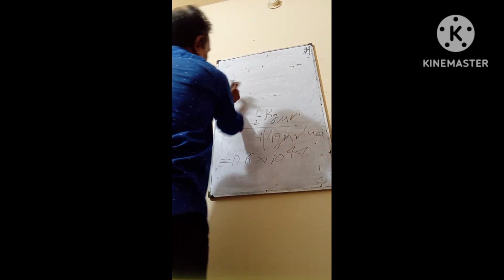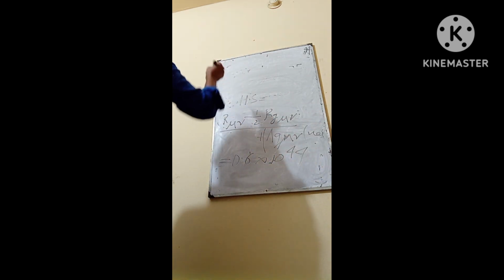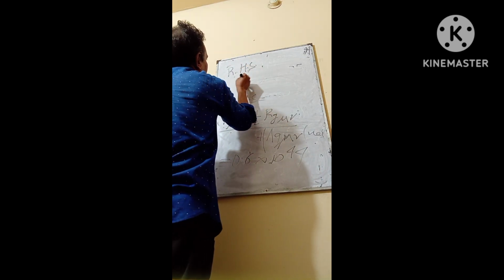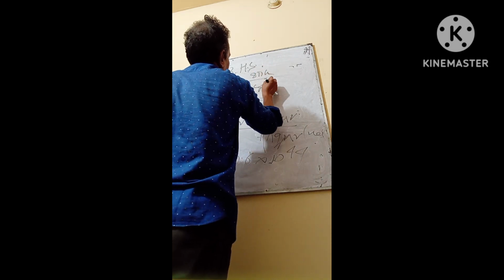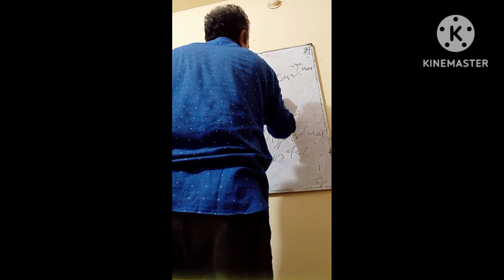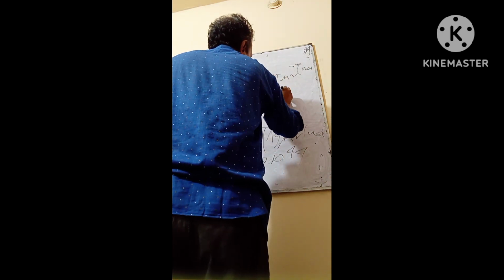This is the left hand side. Now, right hand side. You must calculate that; it is a negligible value. And right hand side, Cg minus Cp square.